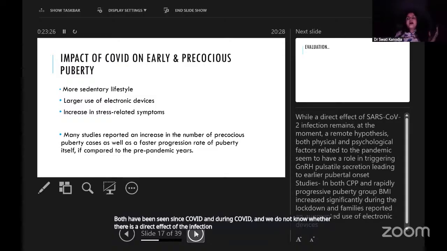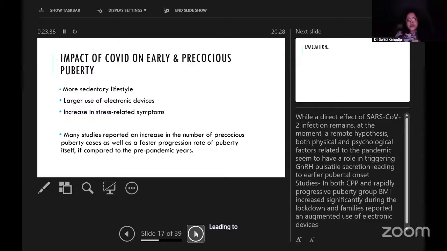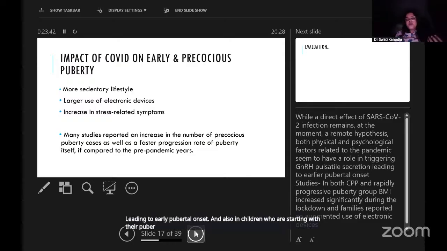But there is a hypothesis that both physical and psychological factors related to the pandemic seem to have a role in triggering the GnRH pulsatile secretion, leading to early pubertal onset. And also in children who are starting their puberty early, it has been found that the BMI increased significantly during the lockdown, and families reported an augmented use of electronic devices. So we do not know what exactly the cause is, but there has been a surge since COVID.